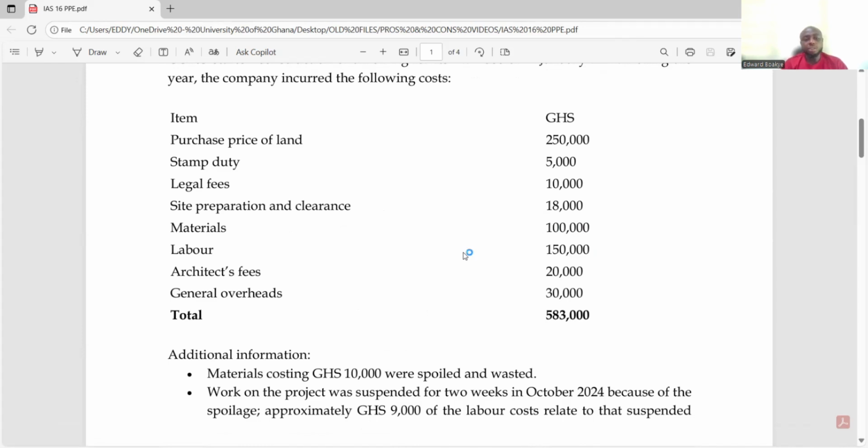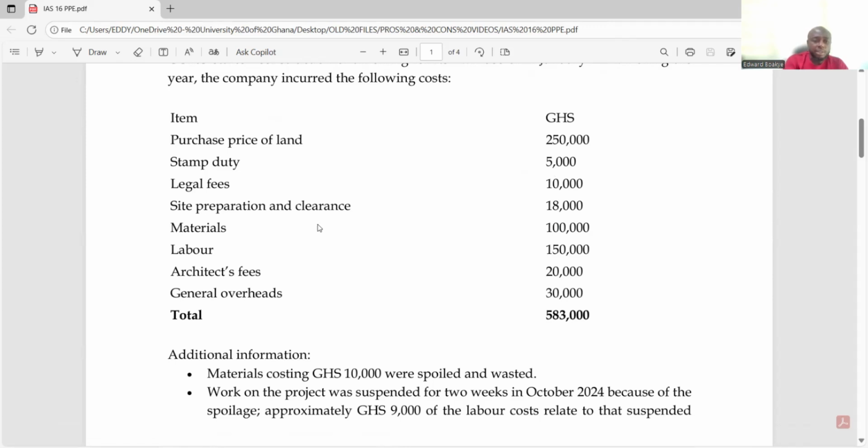Let's go on. Works on the project was suspended for 2 weeks in October 2024 because of the spoilage. Approximately 9,000 of the labor cost relates to the suspension. So if there was a suspension and 9,000 relates to that labor cost, it means it cannot be part of what is directly attributable to the asset.